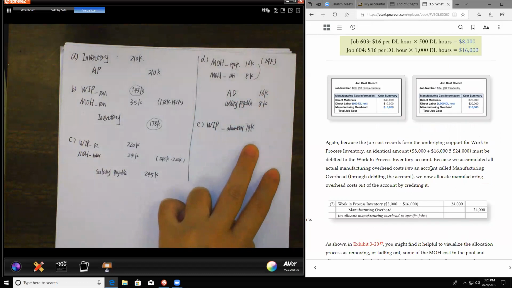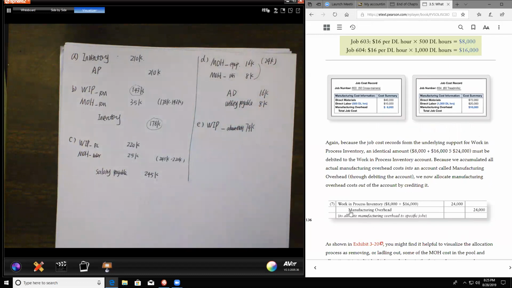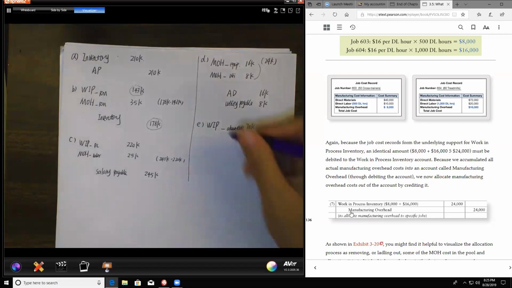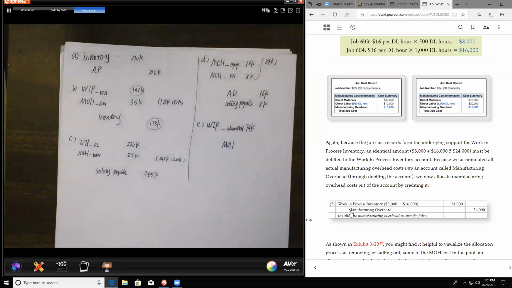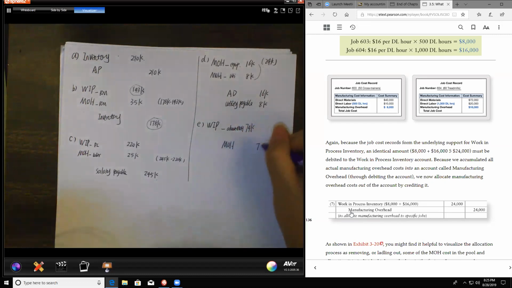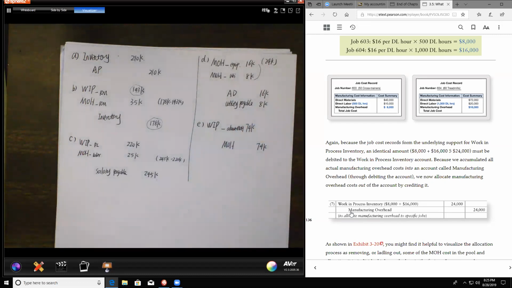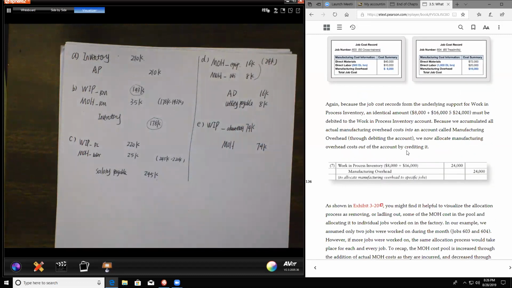And then when we allocate, we debit the work in process, and then we decrease the manufacturing overhead because it's not stored in that account, it's allocated to the specific job, which is 74,000.